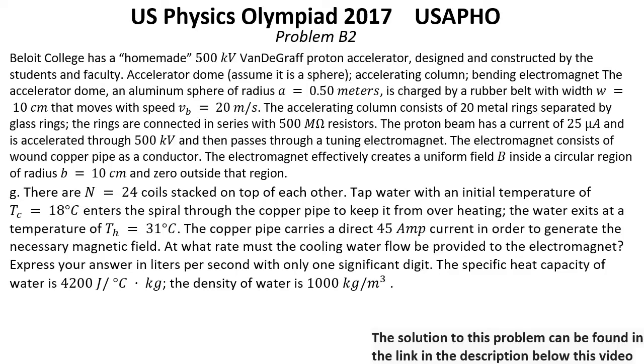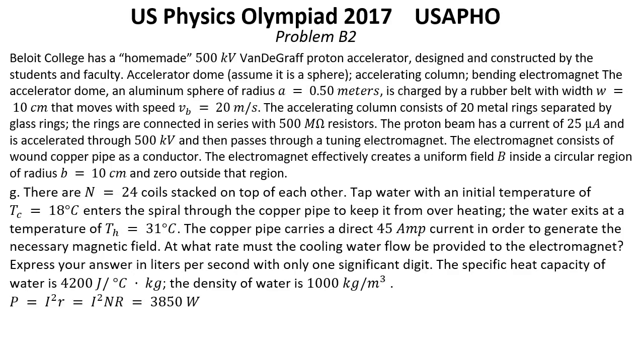Solution for question G. First, we can write the rate of heat generated in these coils, which is I²R, and R equals the number of coils multiplied by the resistance of one spiral, which we already calculated. The total power created in this stack of coils equals 3840 watts.